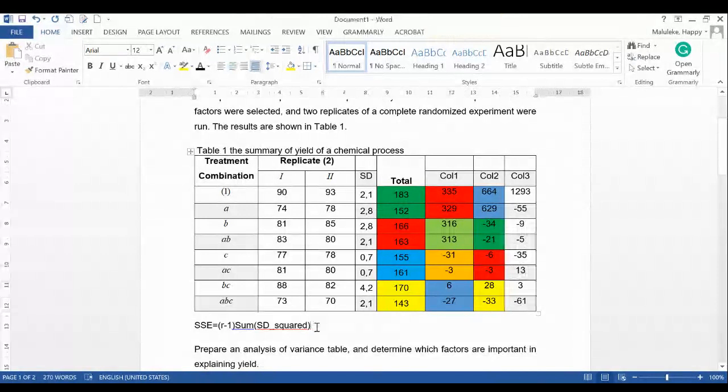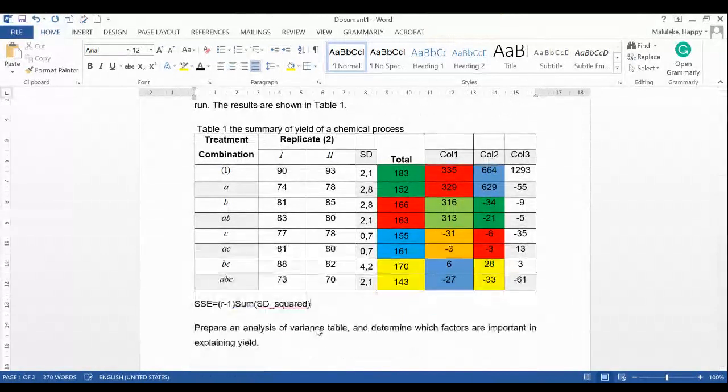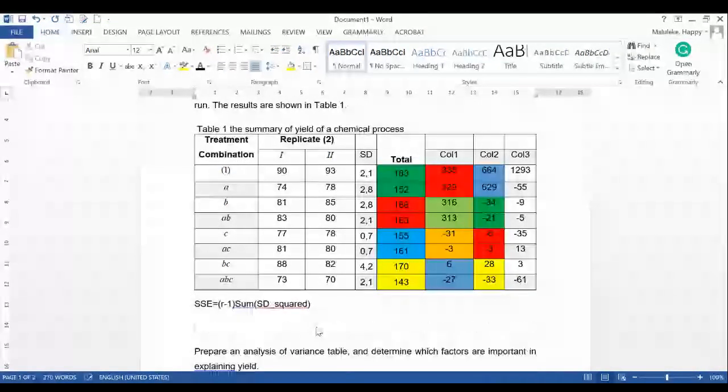Let's find SSA, SSB, and up to the last one. Someone's mic is on, guys. Please. SSA is what? Sir?